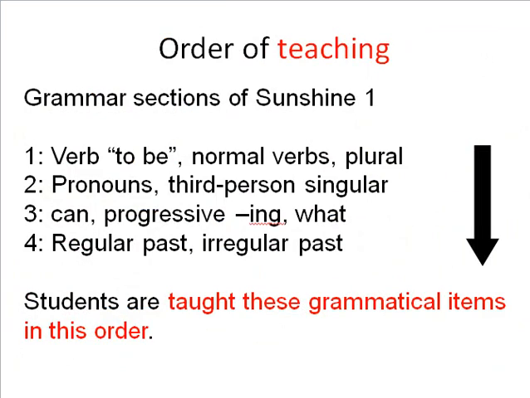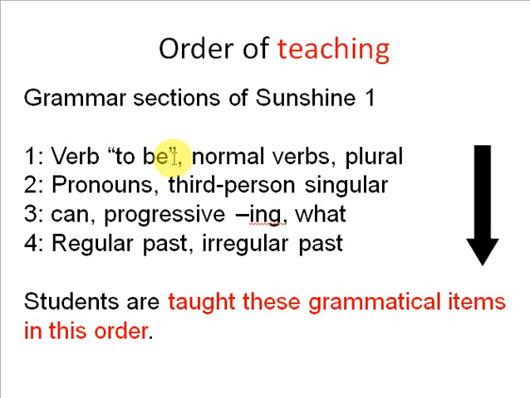And the important point is that in Sunshine 1, these grammatical items are presented in this order. So first, the verb to be is presented. The verb to be: is, am, are.